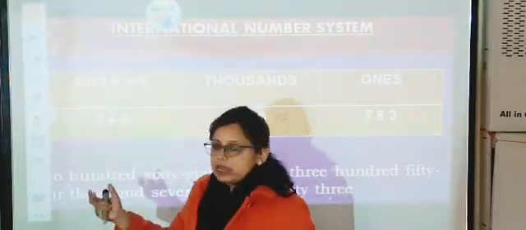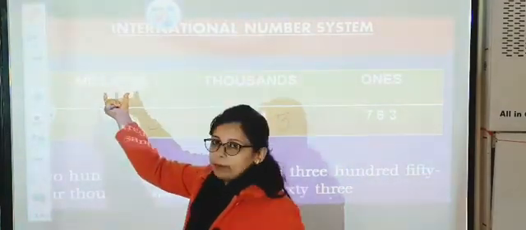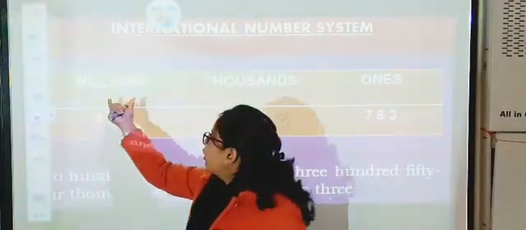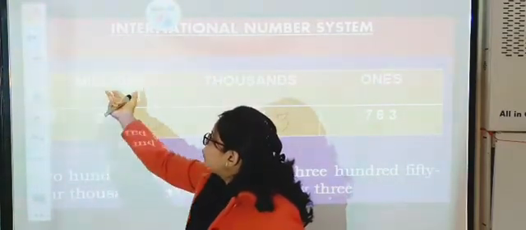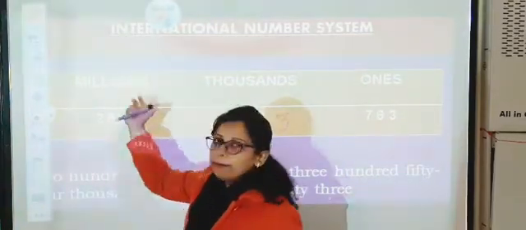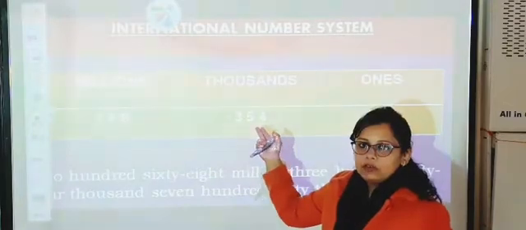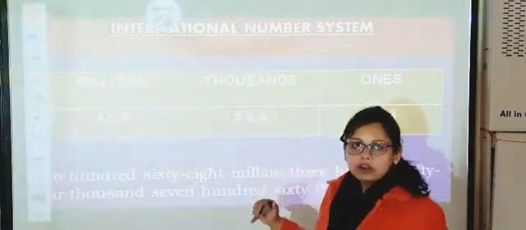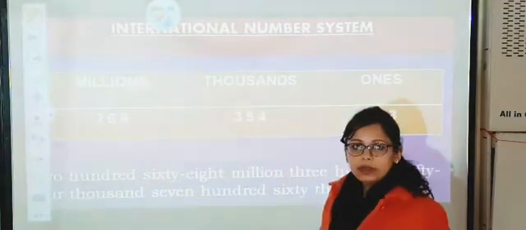So children, it is very easy. You just have to group the number, read it, and after that apply the group name, as 268 million. Next, 354 lies in the thousands group, so we will read it as 354,000.